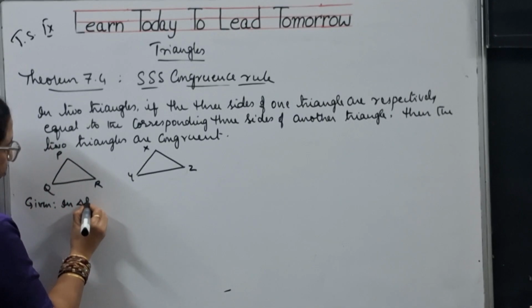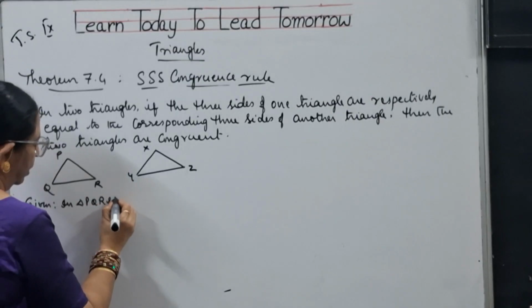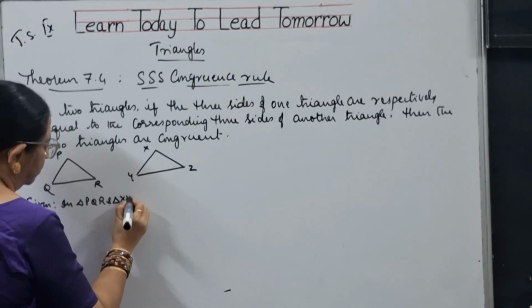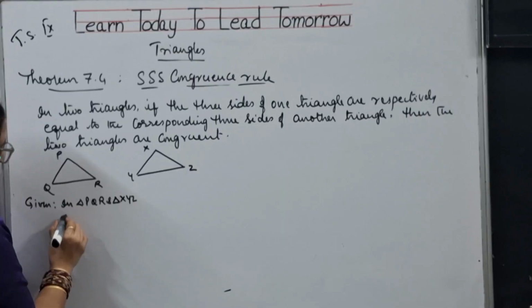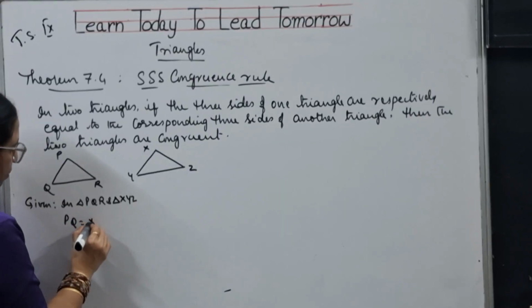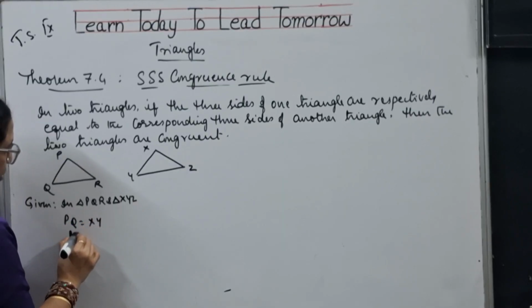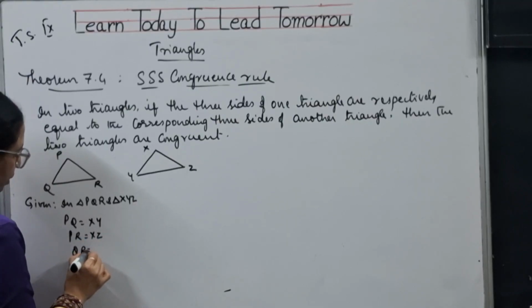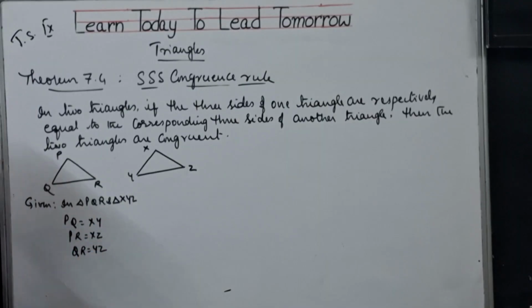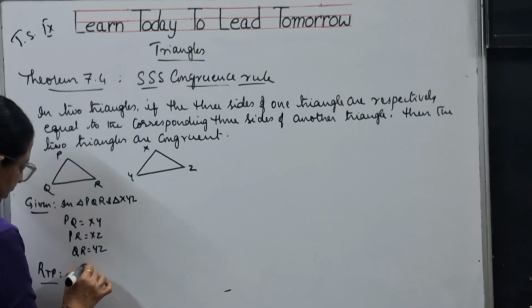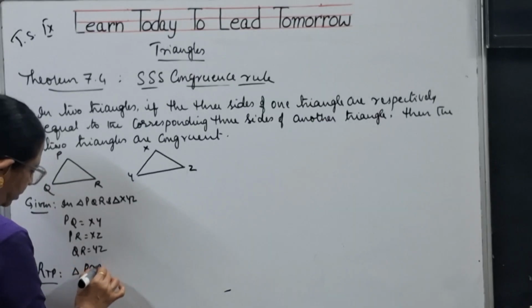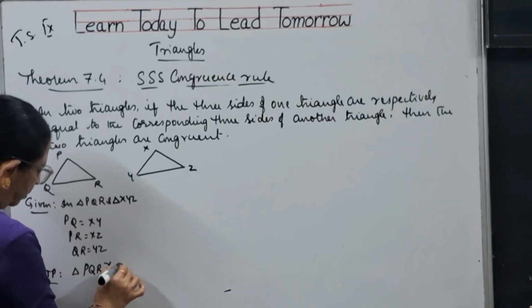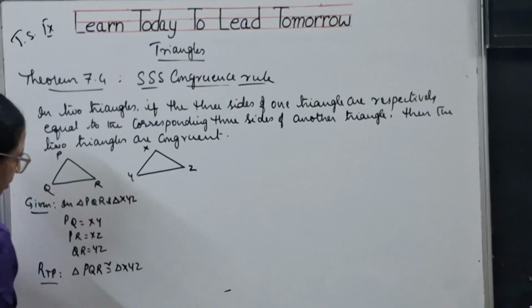In triangle PQR and triangle XYZ, PQ is equal to XY, PR is equal to XZ, QR is equal to YZ. Corresponding sides are equal. Now what is RTP? We need to prove that triangle PQR is congruent to triangle XYZ.